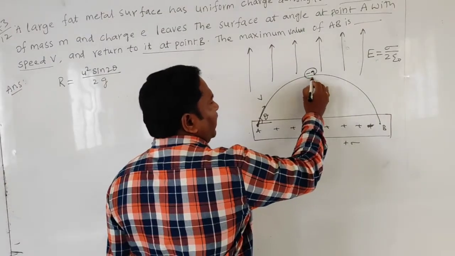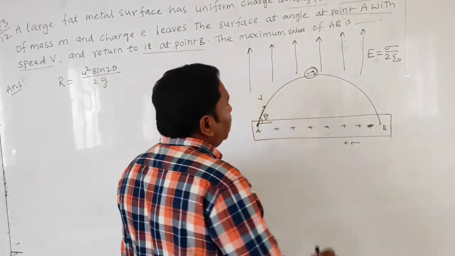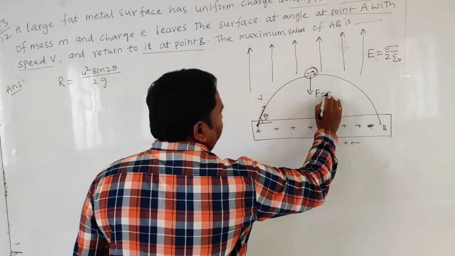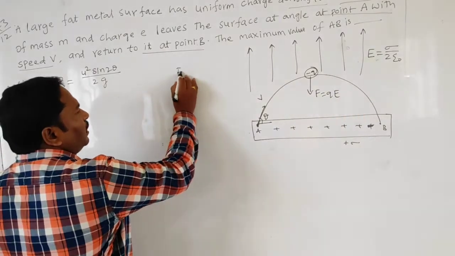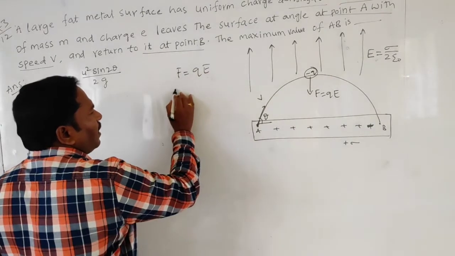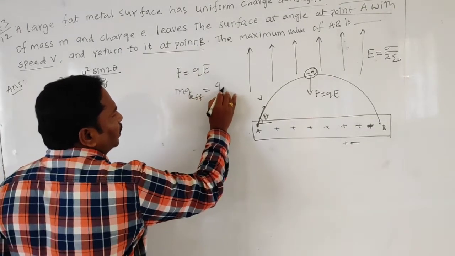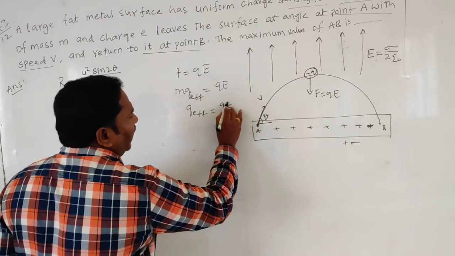We are projecting a minus charge, so the force is acting in the downward direction, F equals QE. Now force F equals QE and also ma, so the effective g equals QE by m.